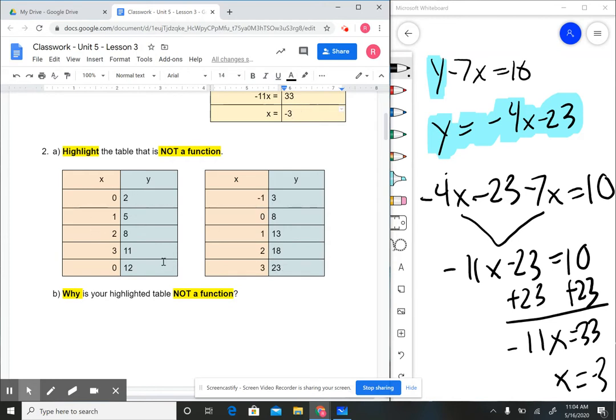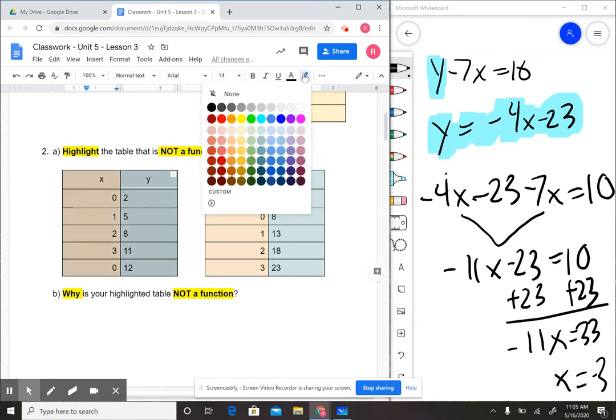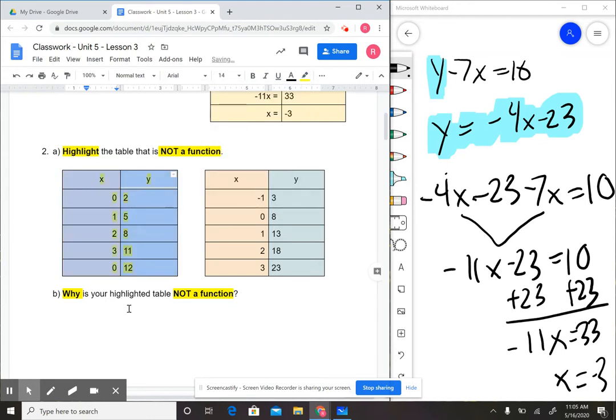But over here, it's 0, 2, 1, 5, 2, 8, 3, 11, 0, 12. You can see that the input 0 has two outputs, 2 and 12. So this one would not be a function because not every input has one output.